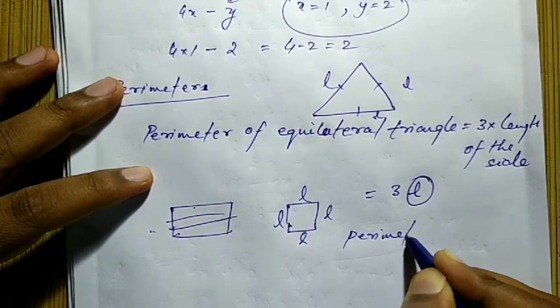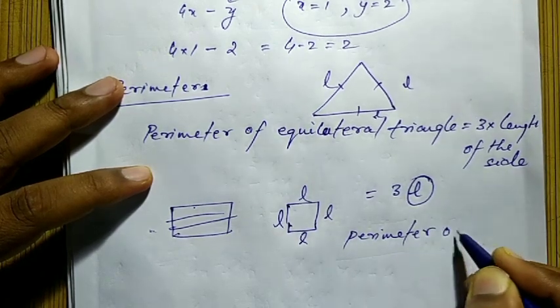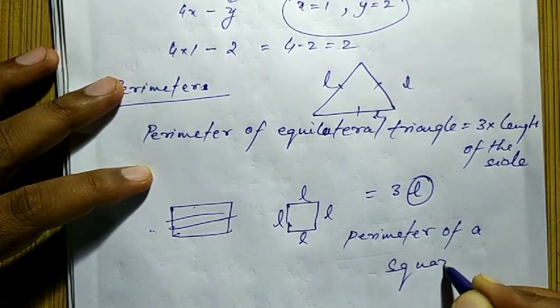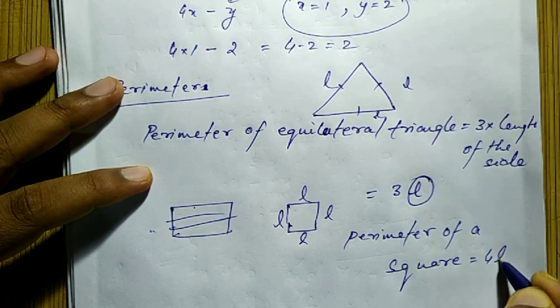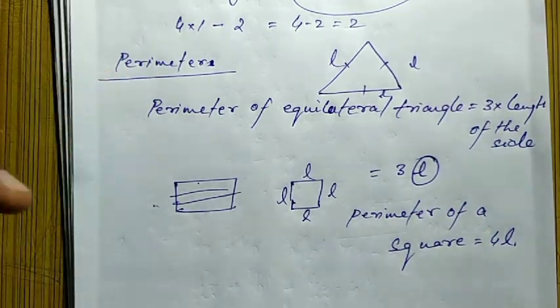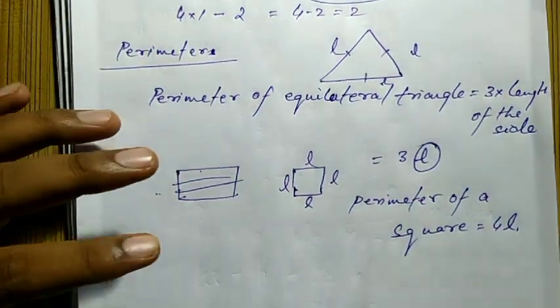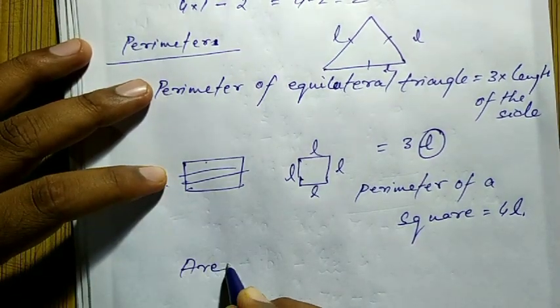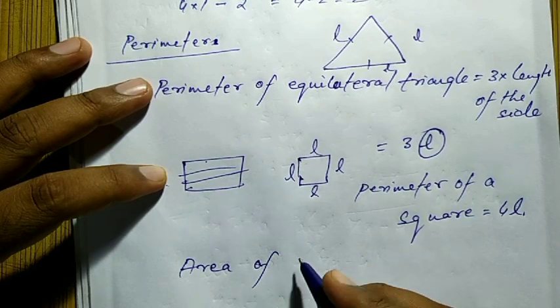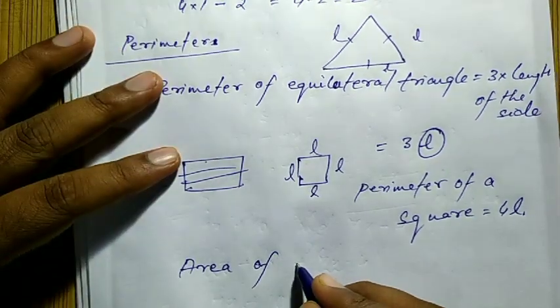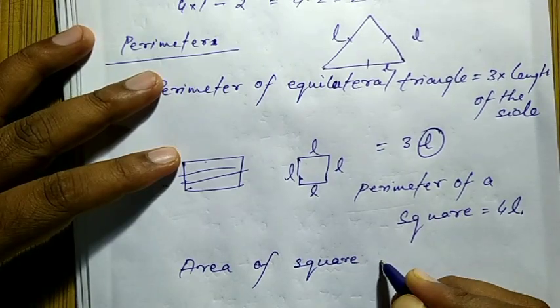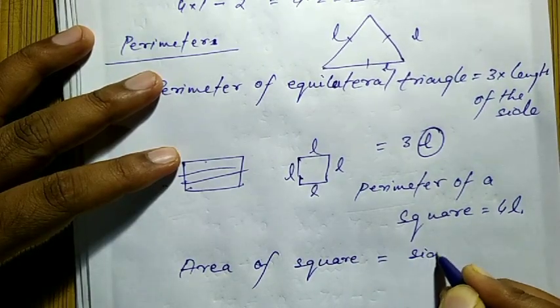So what is the perimeter of a square? The perimeter of a square is 4L, and of a pentagon it is 5L. Like this, area formulas also. What is the area of a square?